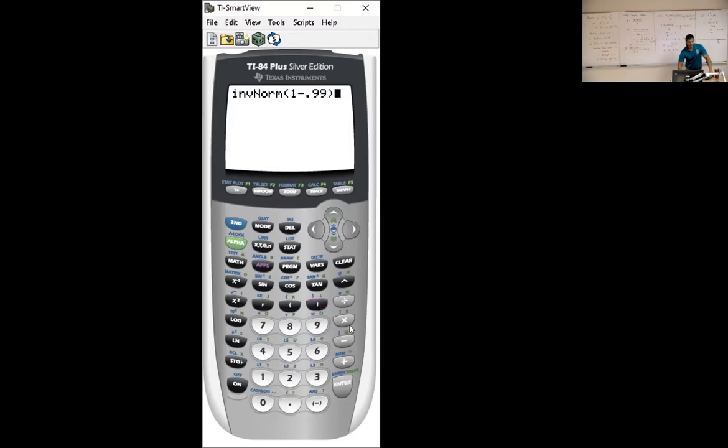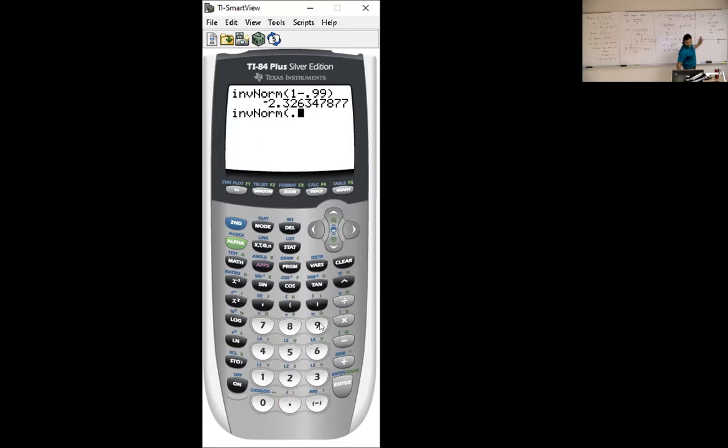So 1 minus 0.01. The calculator will assume that the mean is 0, standard deviation is 1. Enter. I get negative 2.326. So that is the area below 0.01. Since I did 1 minus already, I'm doing it twice.